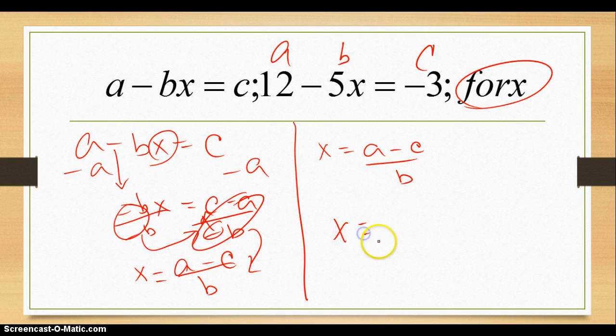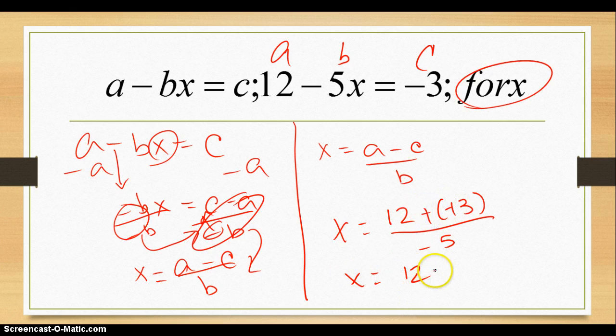So x equals 12 minus negative 3 over b, which is negative 5. This turns into addition, 12 plus 3 over negative 5, so it equals 15 over negative 5, which equals negative 3.